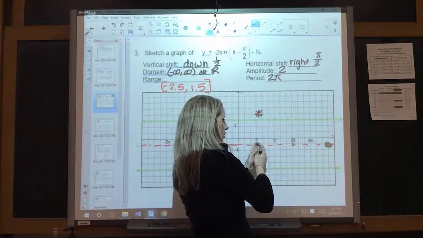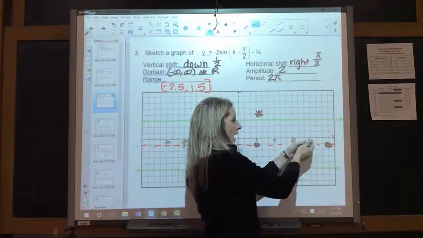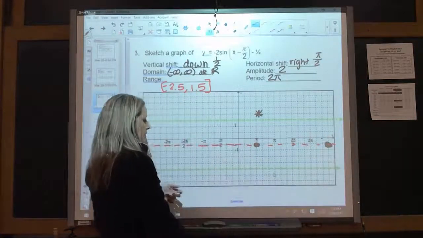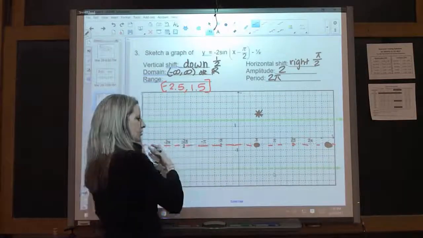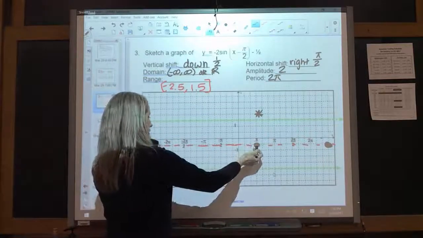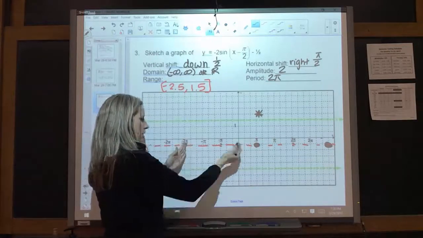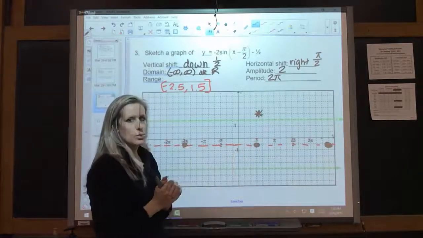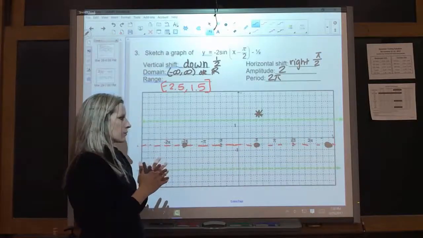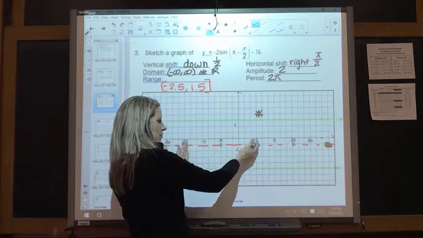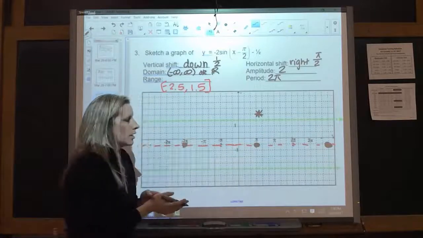If I want to go pi over 2 past this 2 pi, it'd be 1, 2, 3. You could count backwards 2 pi. So it would be at negative 3 pi over 2 would be that distance of 2 pi. All right, so this is going to be one full cycle.